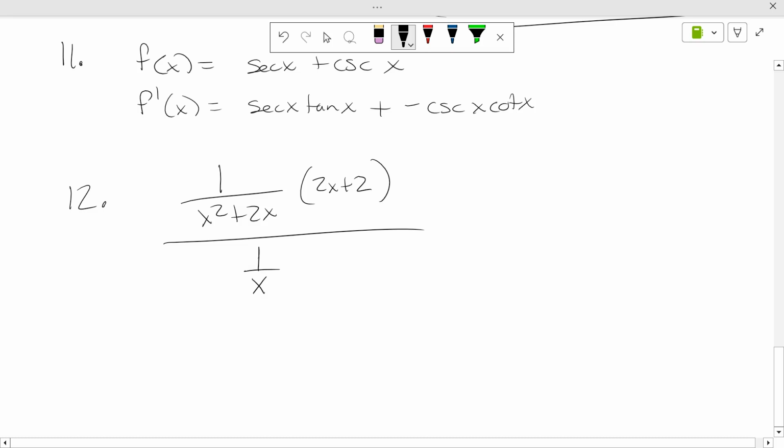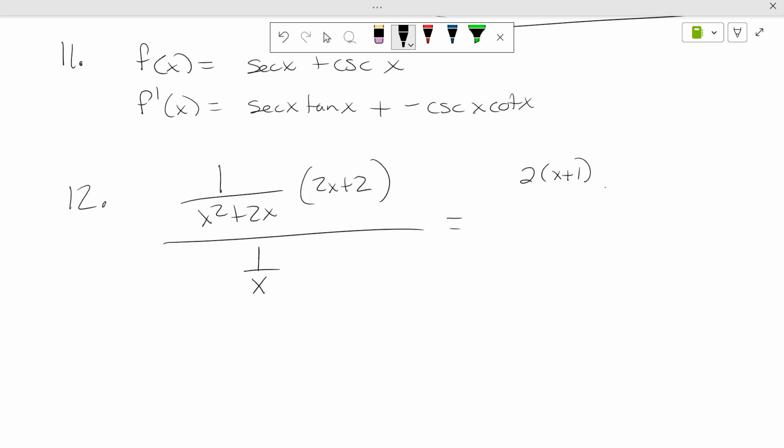Okay? Now, obviously, this is not the answer yet, so we got to simplify this. So on the top here, we got 2 times x plus 1 over x times x plus 2. And then we have all this over 1 over x.